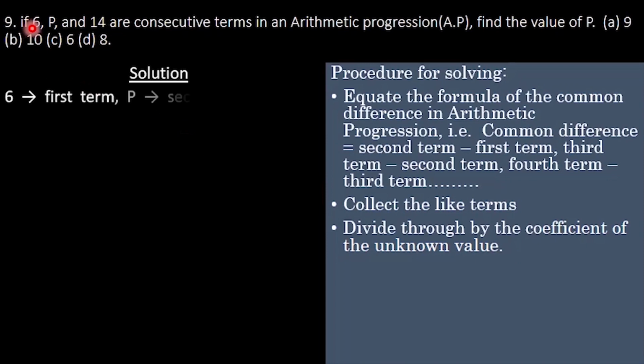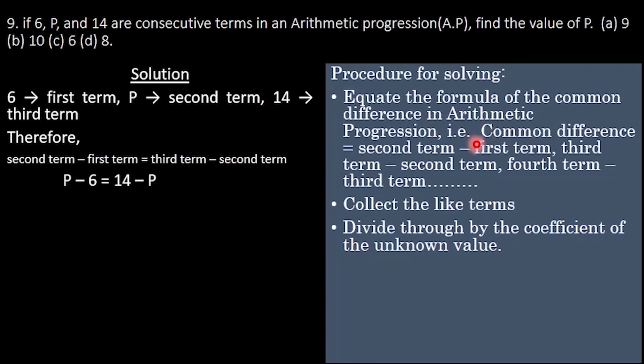This 6 represents our first term, p is our second term, and 14 is our third term. Therefore, we apply the formula of common difference by equating the common difference. We can get our common difference by saying second term minus first term, and we can also get our common difference by deducting second term from third term. Now let's equate them.